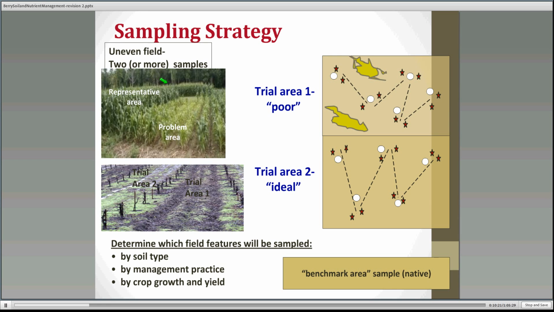So in sampling these areas, you'd want to take a series of samples from the area that's not performing well, and you should take a minimum of 8 subsamples that are then mixed together as a single sample from both the problem area as well as the area that's more representative of good performance. So that's one sampling strategy.